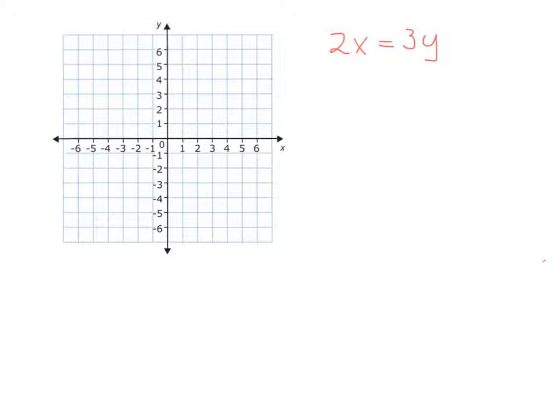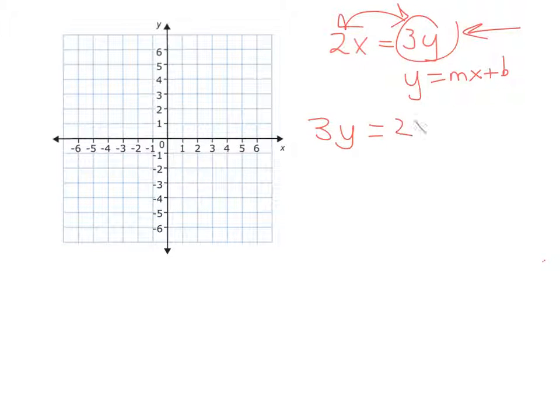Now I'm going to graph the equation 2x equals 3y. And as always, I have to have the equation in the form y equals mx plus b. So I want to have the y term on the left. So I'm basically just going to start by reversing this. 3y equals 2x.